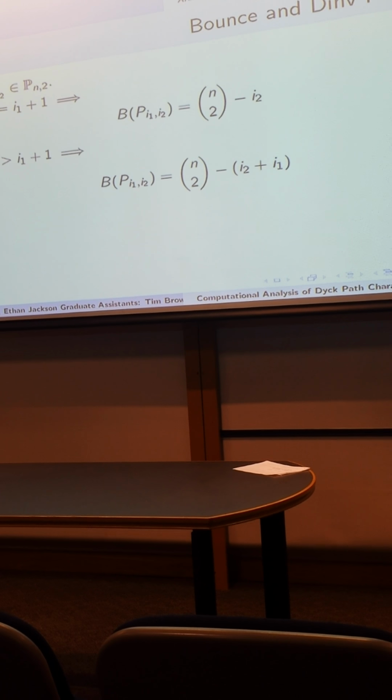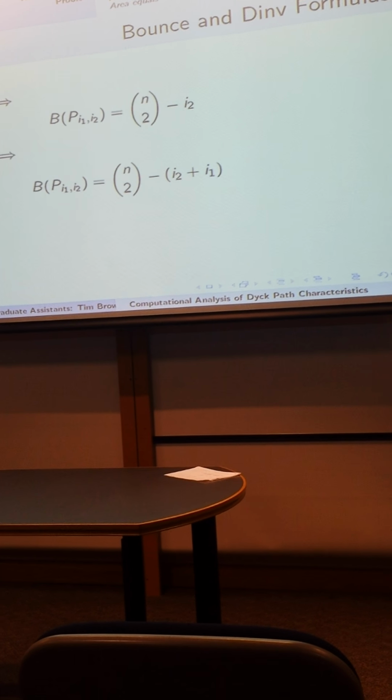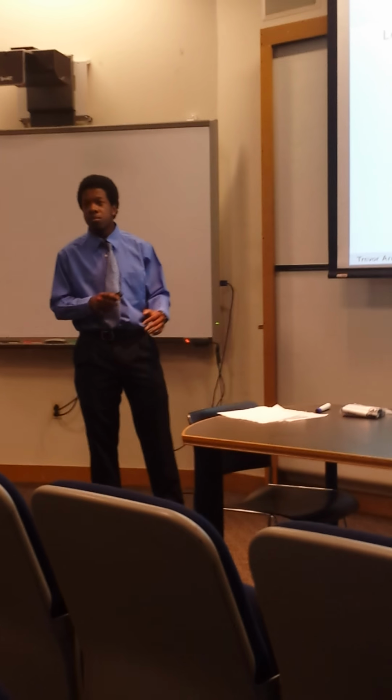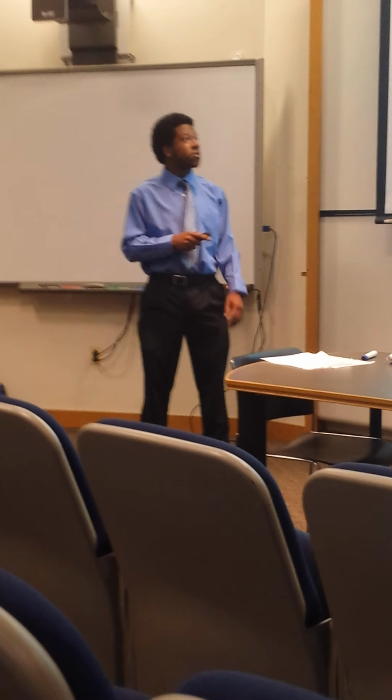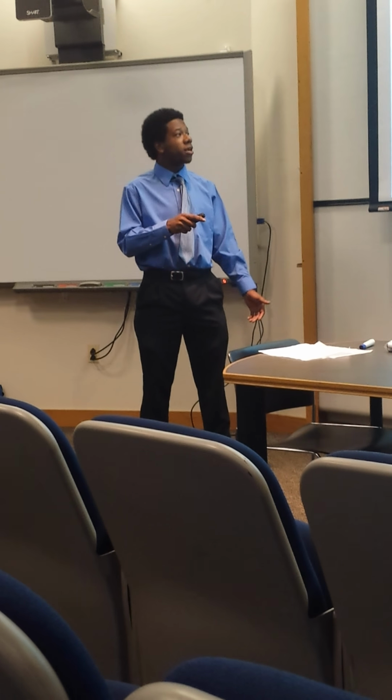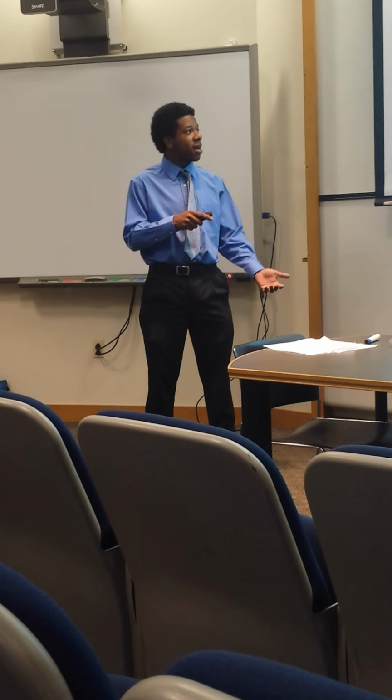Now, we have to find the bounce and the div. Starting with the bounce, if we have a together path, if we follow the same order as we did for area 1, we are going to count every single value except for I2. So if we move this I2 right here, we would count it as normal, and notice that the I2 value is right here.